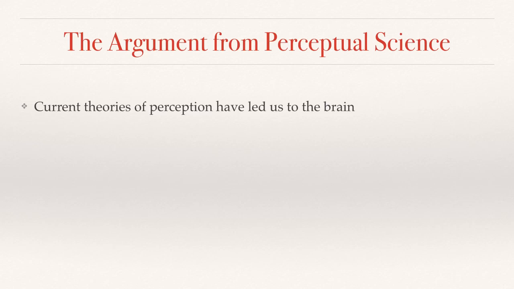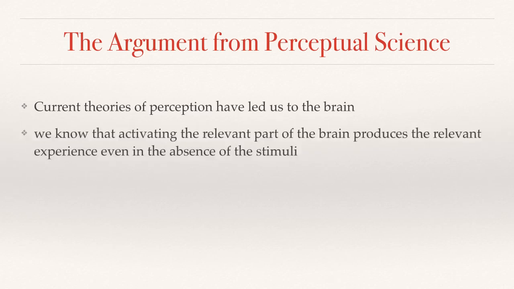But we know the brain is importantly involved, and that's good news and bad news because it gives us a way to account for how perception might proceed, that it proceeds by the activity of these brain areas. But on the other hand, we've also discovered that the brain areas are the only thing that are required in order to have the relevant kinds of perceptions or experiences.